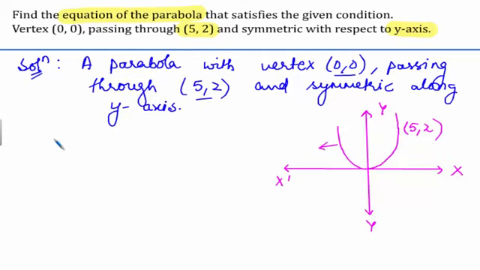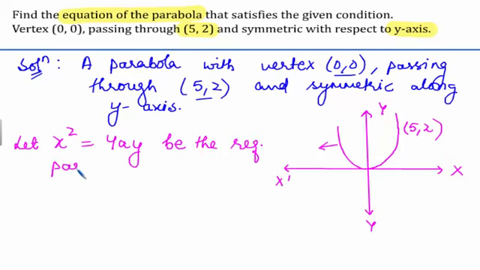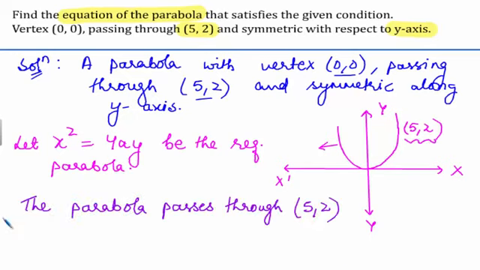So let x square is equal to 4ay be the required parabola. Now, the question says that the parabola passes through the point (5, 2). Therefore, this point satisfies the equation x square is equal to 4ay.